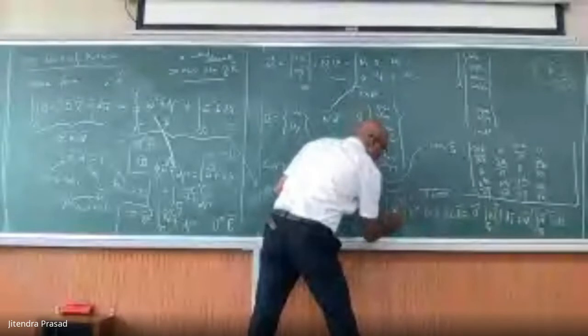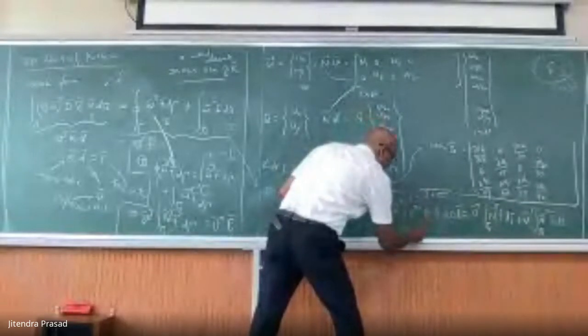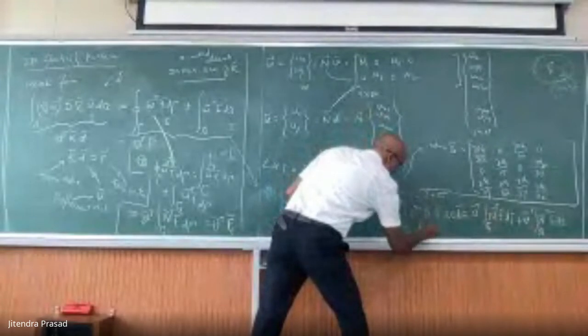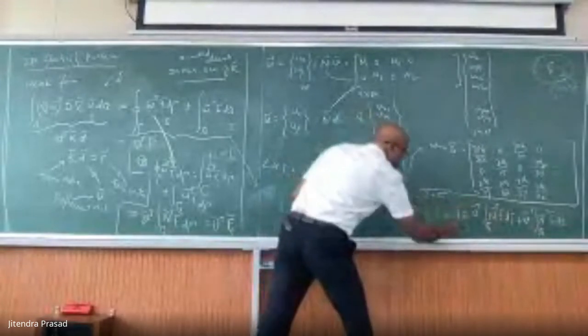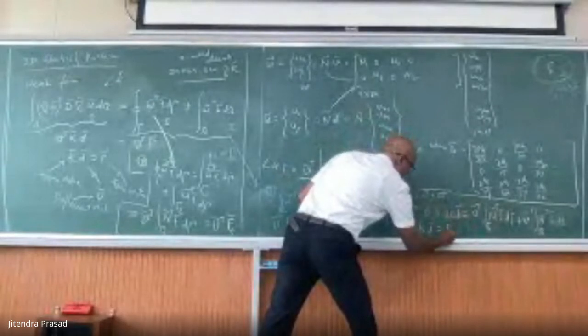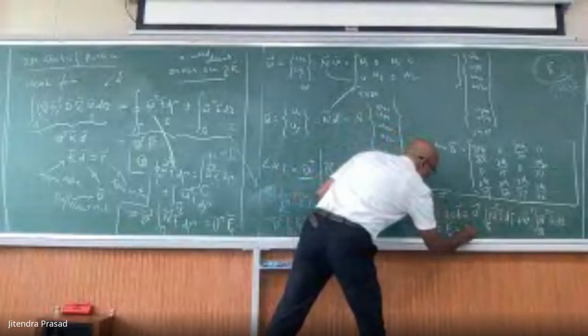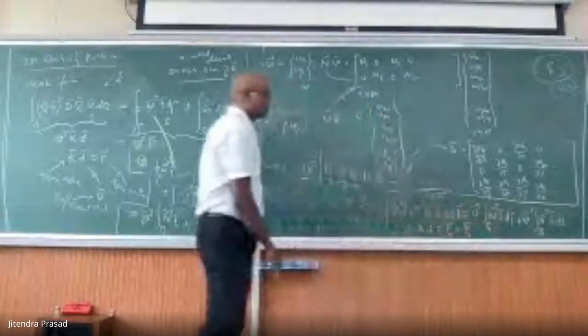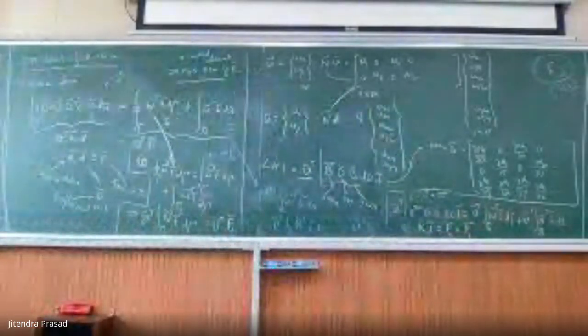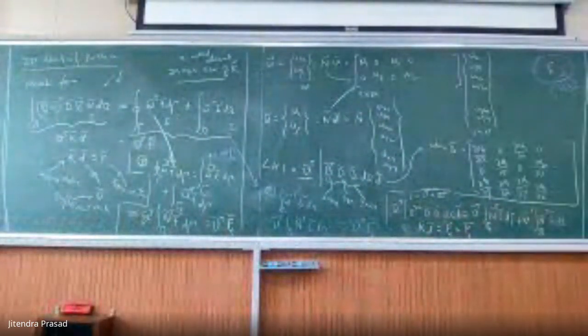See, arbitrary, so we get rid of this. So what we have finally is K d equal to F because of traction plus F because of body force. And now you solve it. That's it.